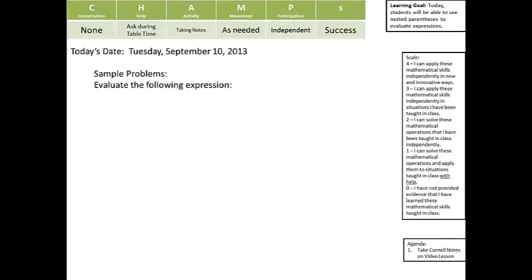So let's go ahead and work another sample problem and see how we do that when we have even more nested parentheses. So in this example we have 4 times, and then we have a new symbol there. That's a brace. And then inside that we have a bracket, and then inside that we have a parentheses.